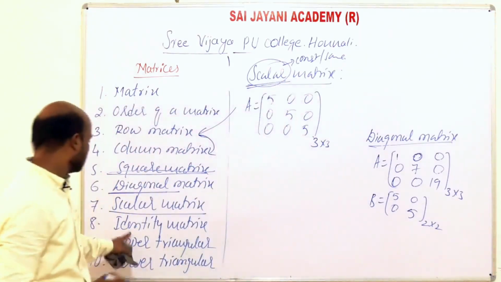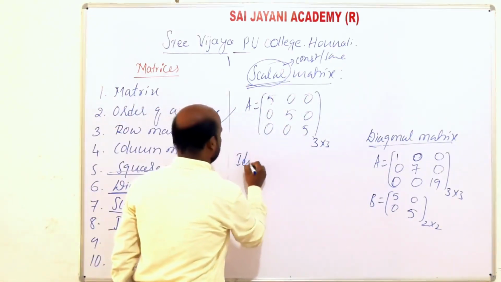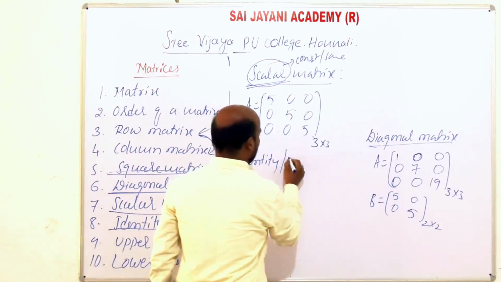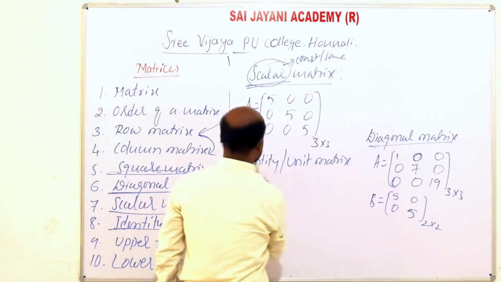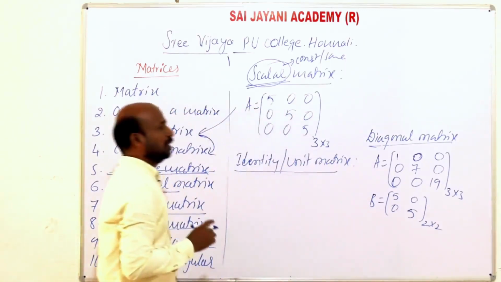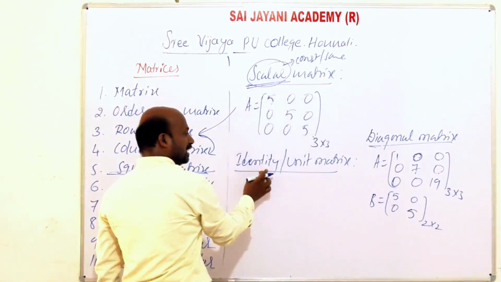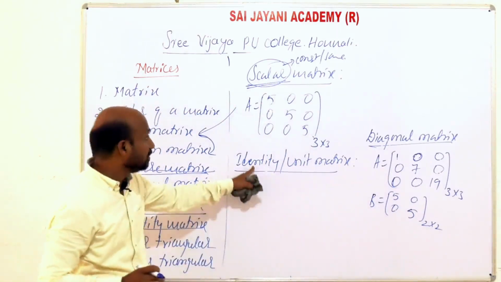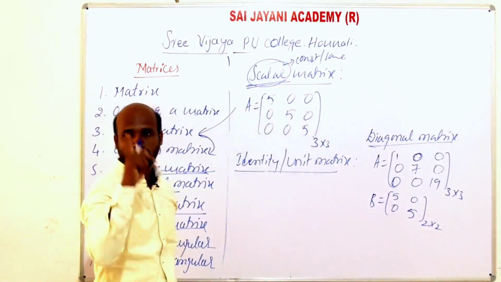And after that, identity matrix, or it can also be called as unit matrix. Identity matrix or unit matrix. Identity matrix is a scalar matrix in which all the diagonal elements are equal to 1.